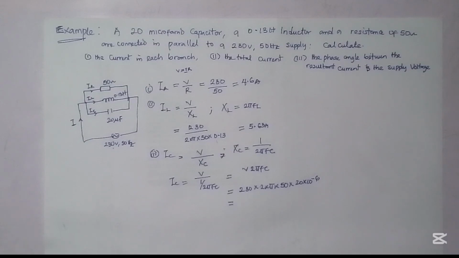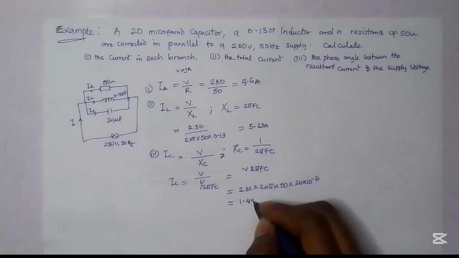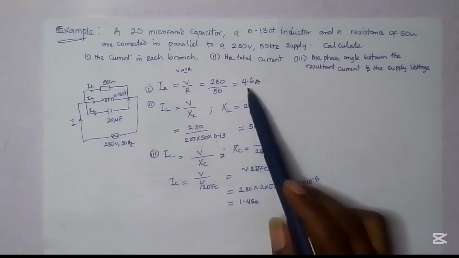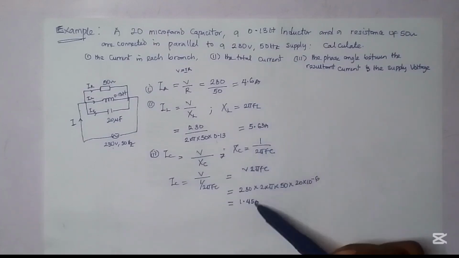We can then get the value as 1.45 amps. You can see that each component draws a particular value of current, and we've clearly gotten them now.